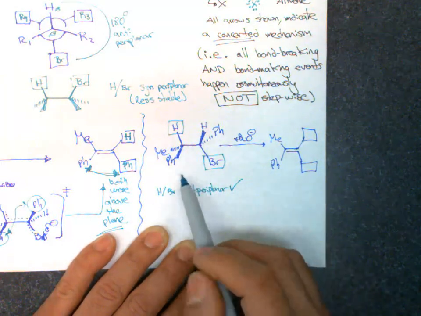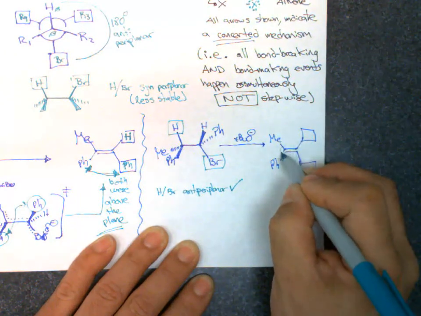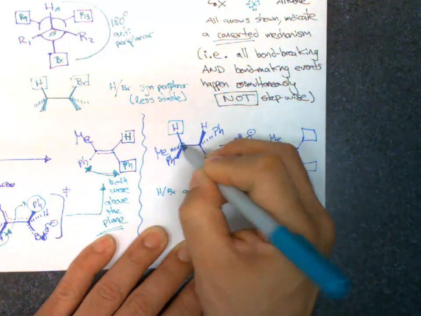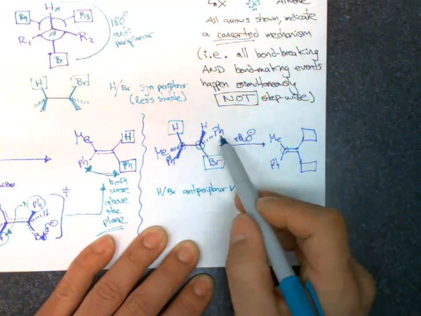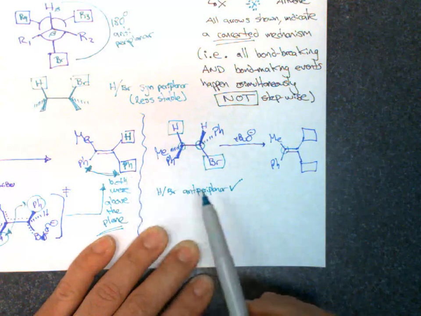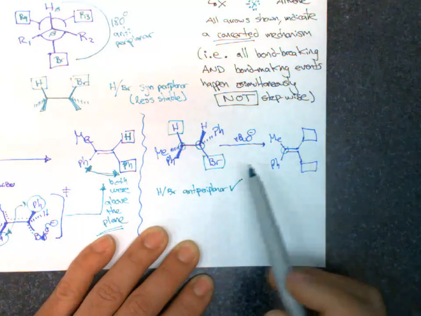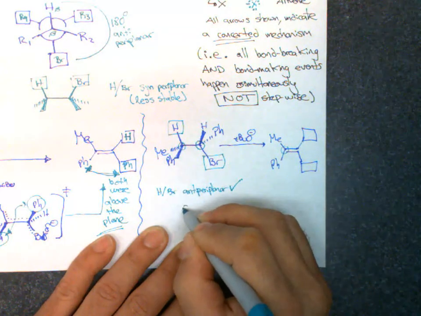Now, this phenyl and methyl, it's this carbon right here. Now, the other carbon, it's going to have a phenyl and a hydrogen, much like the other case. Now, the question is where each of these is going to end up. And again, we look at the transition state.